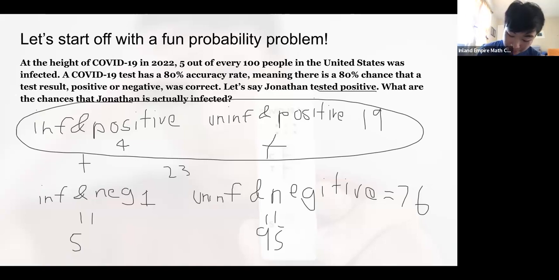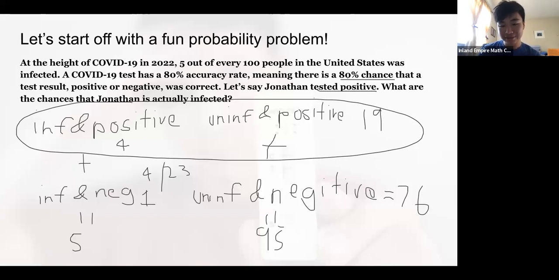But only 4 of these people out of a random sample of 100 Americans would actually be infected. 19 of these people would be uninfected but test positive, even though there is an 80% accuracy rate.